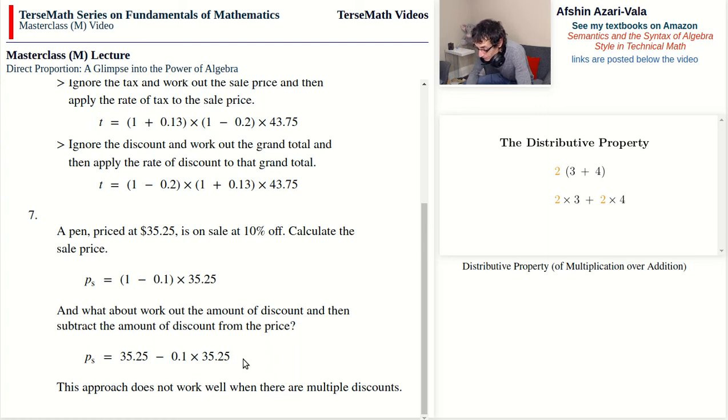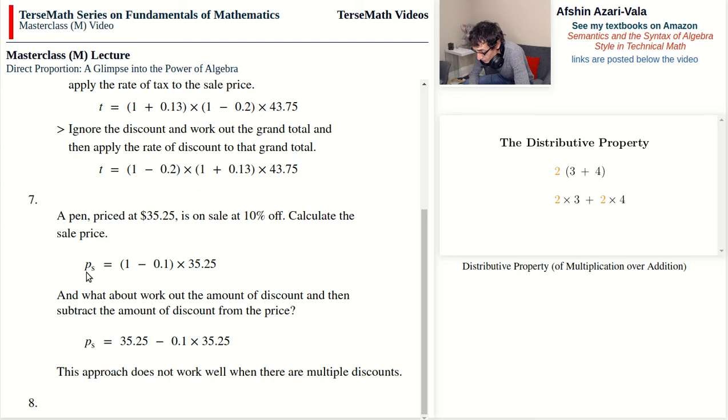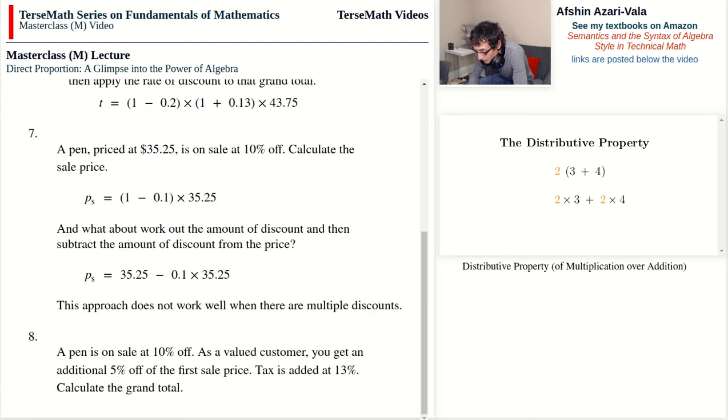easy to manipulate. Let's take a look at a situation where we have multiple discounts, like in trade discounts. Problem number 8 says that a pen is on sale at 10% off. As a valued customer, you get an additional 5% off of the first sale price, and then tax is added at 13%.